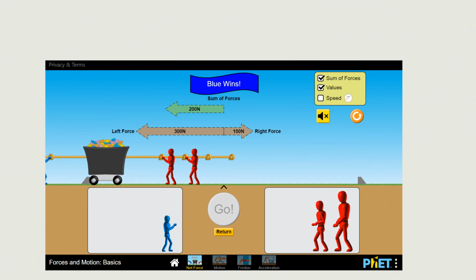Then we have one application here. What you can use in this application is basically how you can control what will happen on the left and right side. So for example, let's put one boy here, and let's say two girls here. If you notice, the number changes.